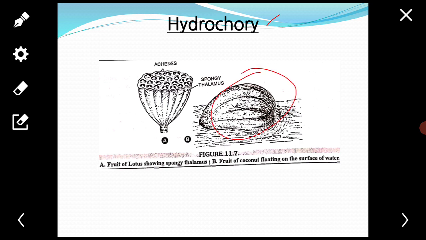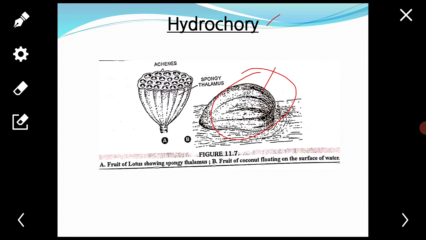The outer epicarp is smooth, shiny and waxy. Due to these type of adaptations, the fruits are carried away to long distances along the sea currents.